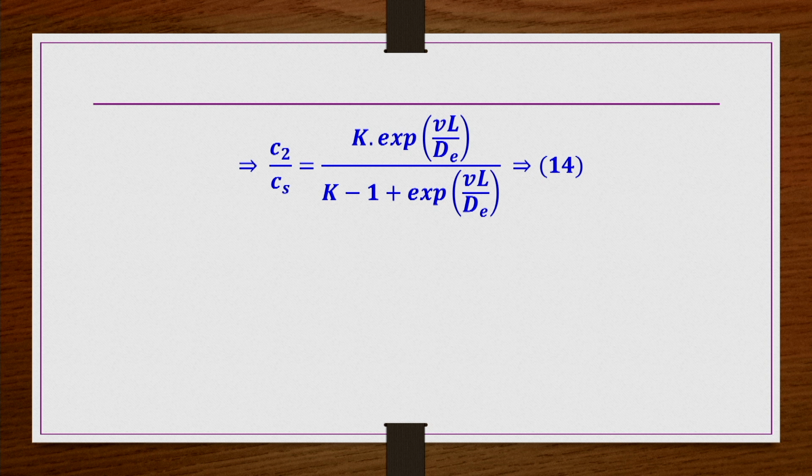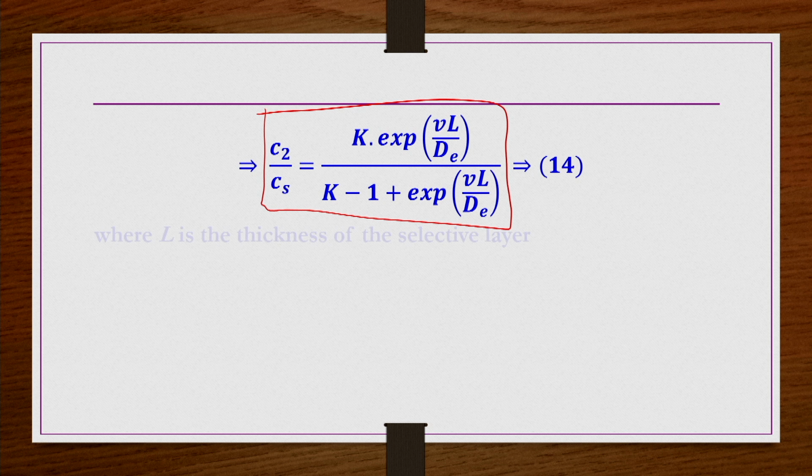we have K exponential VL by dE divided by (K minus 1 plus exponential VL by dE). This is the equation we have for the surface concentration if the pore diffusion is predominating. Under such a condition, the surface concentration on the membrane surface can be obtained by this expression, or the relation between the surface concentration and permeate flux can be written as this equation number 14.